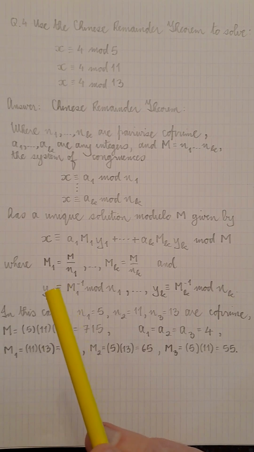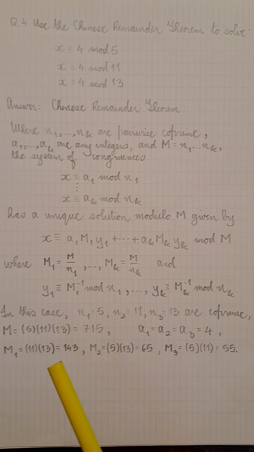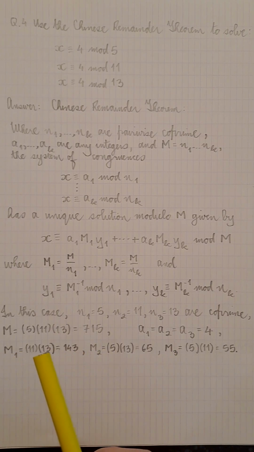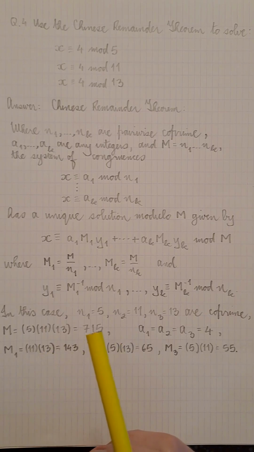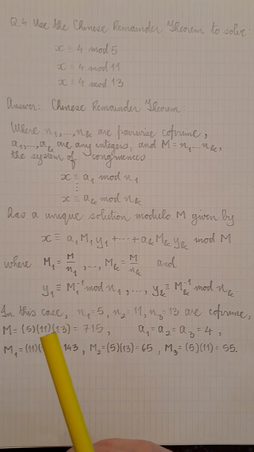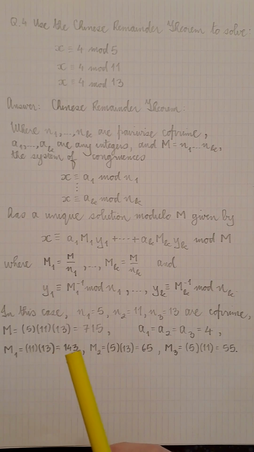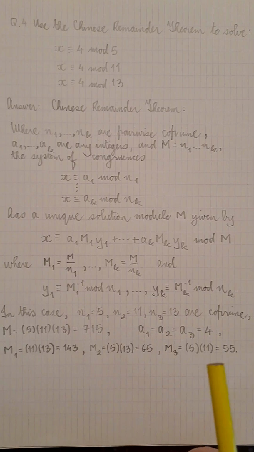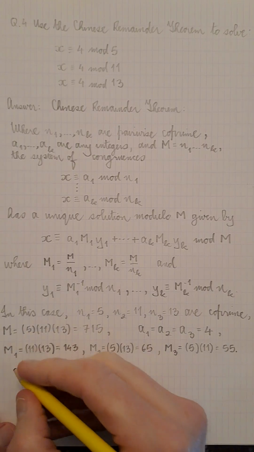What we need to do is to find the values of y1, y2, and y3, and they are going to depend upon these three values here, the capital M1, M2, and M3, and we've calculated them already. So M1 is 715 divided by 5, which is just 11 times 13, 143. M2 is 5 times 13 is 65. And M3 is 5 times 11 is 55.